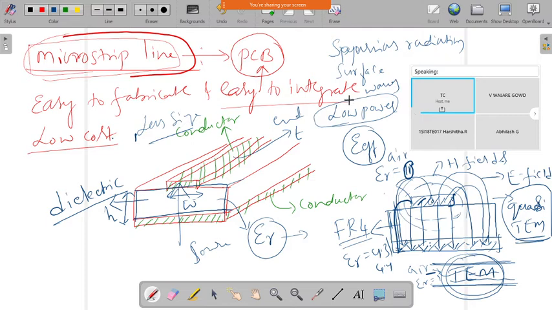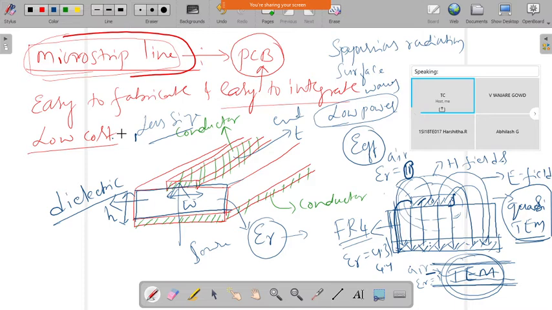These microstrip lines are extensively used in microwave circuit design, that is, microwave integrated circuit design, called MIC, and MMIC also. Because of the simple integration and small size, lumped elements can also be integrated with the microstrip line.